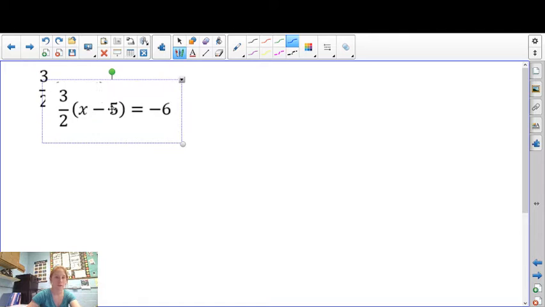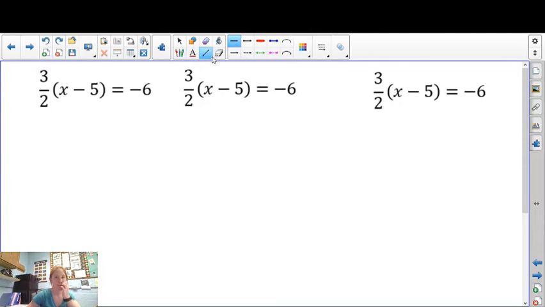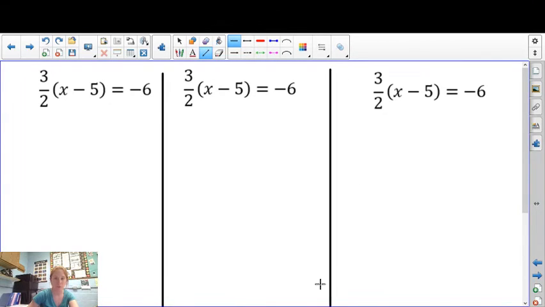And I'm going to do this so that I can do the 3 different types. Oop, that's not a straight line now, is it? There we go. Okay, first way first is we're going to do normal distribution.